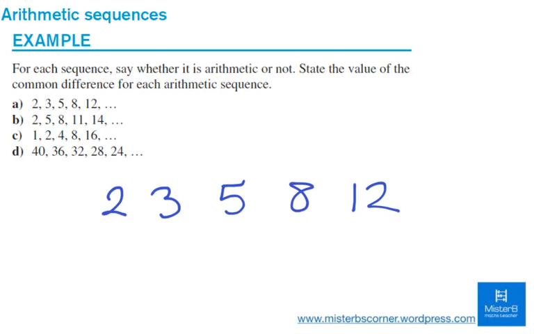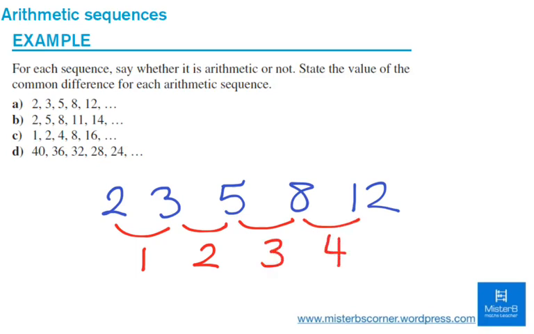The difference between consecutive terms is 1, then 2, then 3, and then 4. Obviously, they are not equal to each other, so I can't say that there's a common difference between the terms of this sequence. So, this is not an arithmetic sequence.